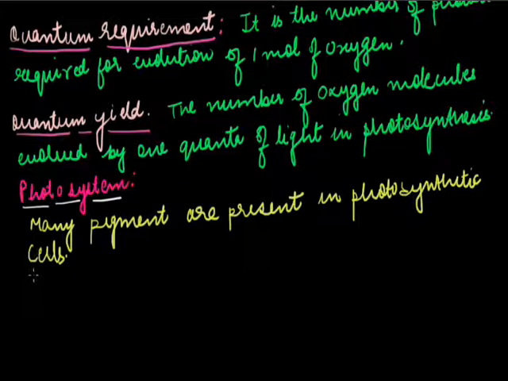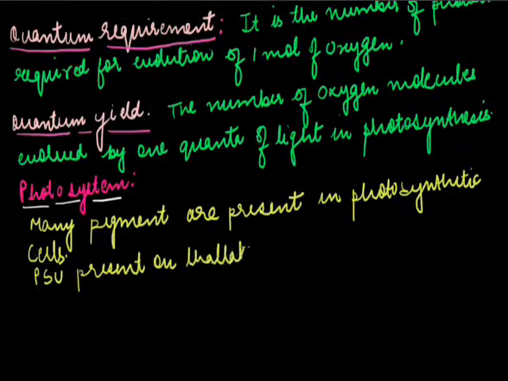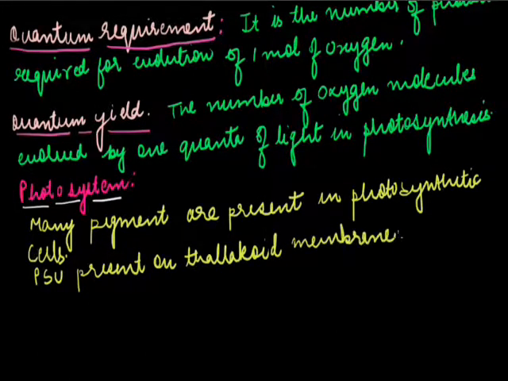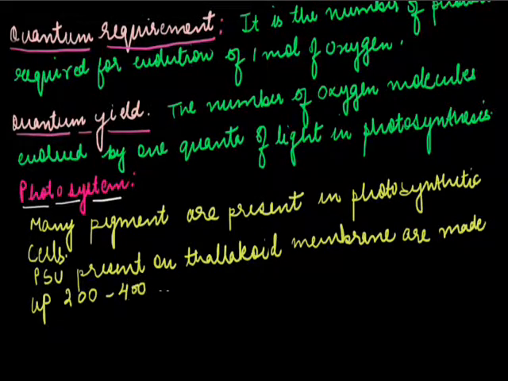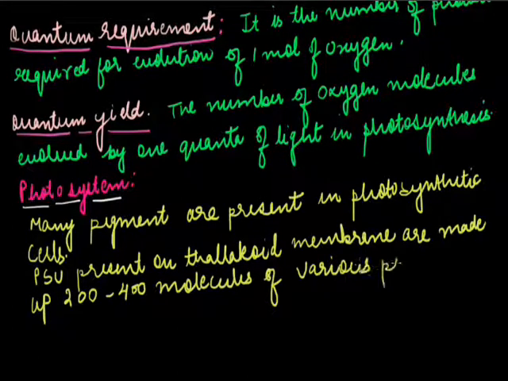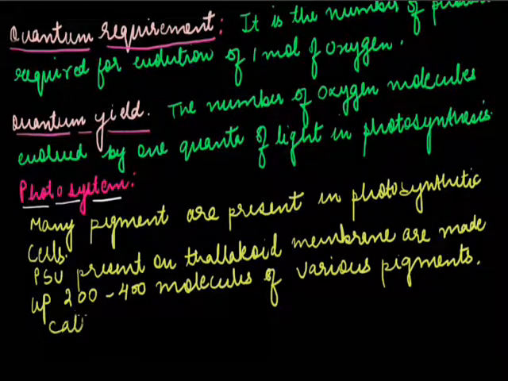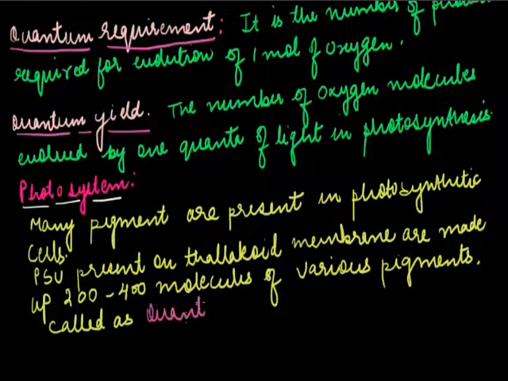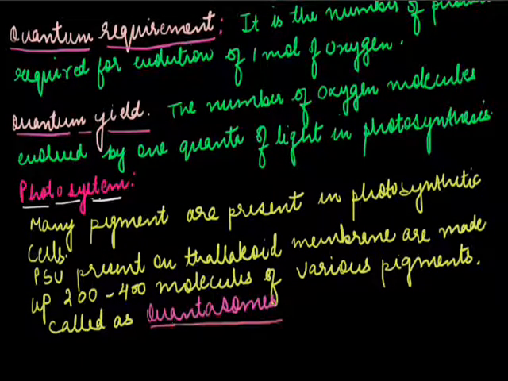These PSU or photosynthetic units present on thylakoid membranes are made up of 200 to 400 molecules of various pigments, called quantasomes. This was discovered by scientists Park and Biggins.